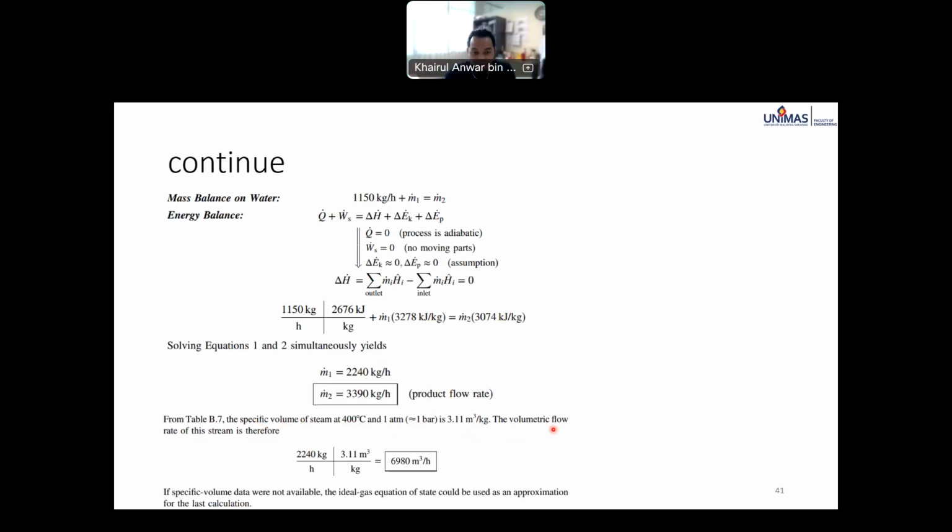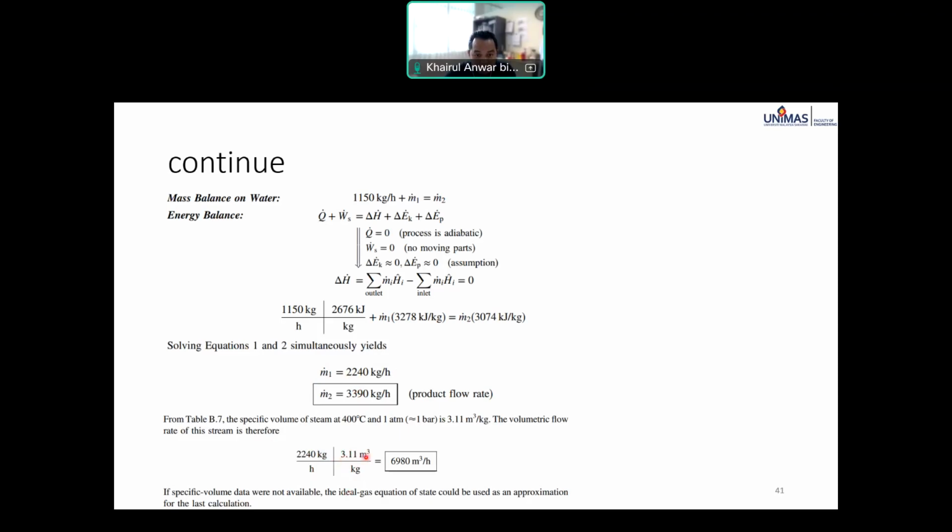The volumetric flow of this stream is therefore 2240 kg per hour, this value, multiplied with the specific volume.